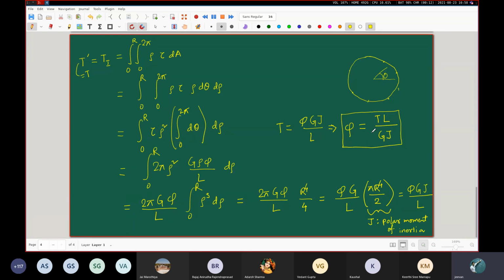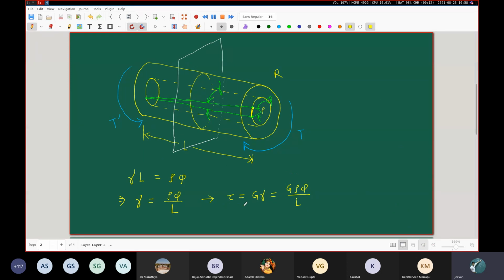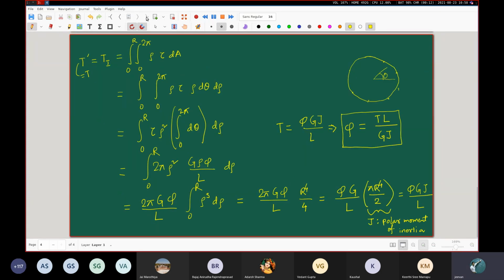Now, the moment you have this, you can immediately go back to your previous slide where you wrote this expression for tau, which was G rho phi by L, and you can write an expression for that also. Since you have just now found out phi, you can substitute it here.